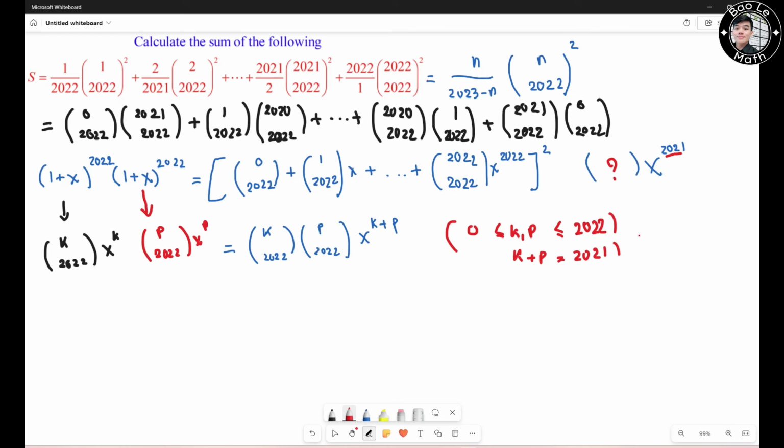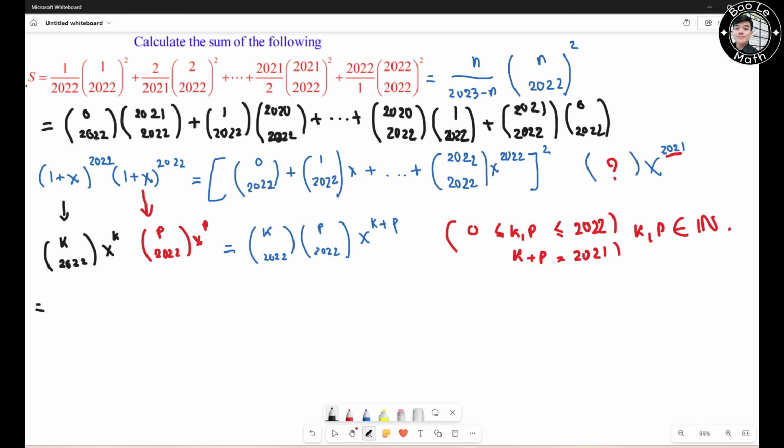Because k and p are natural numbers, if k equals 0, p is equal to 2021, or k equals 2021, p must be equal to 0.